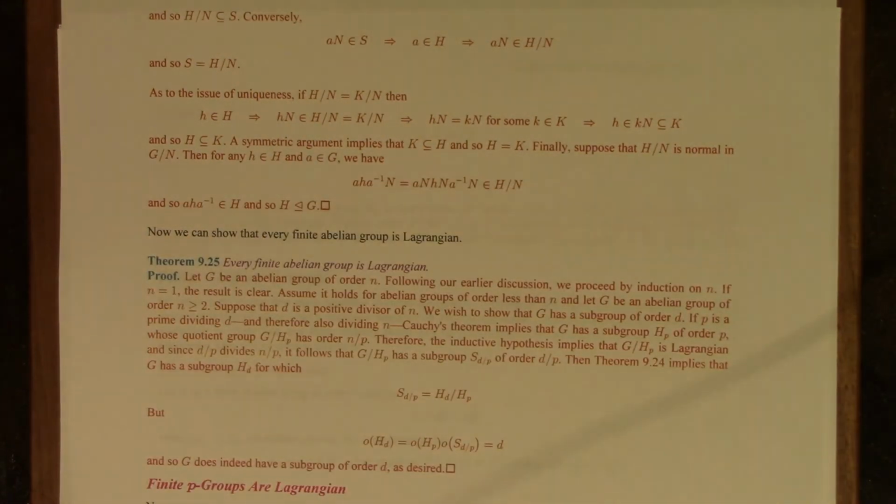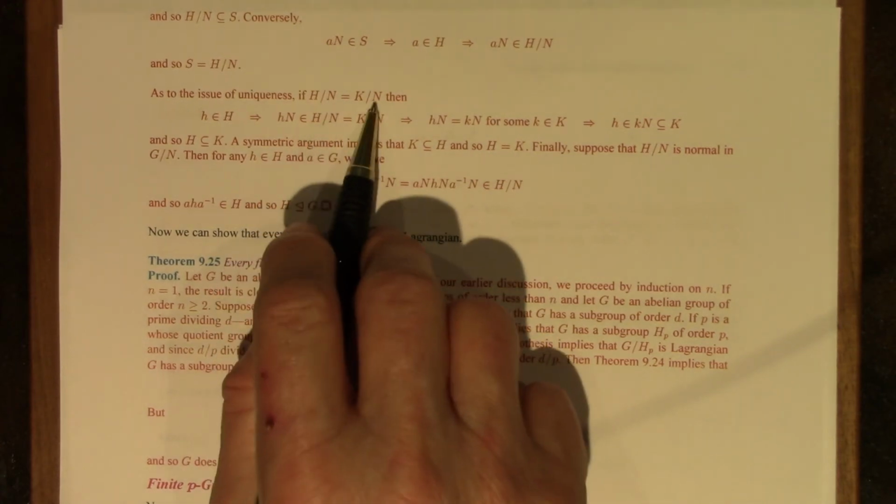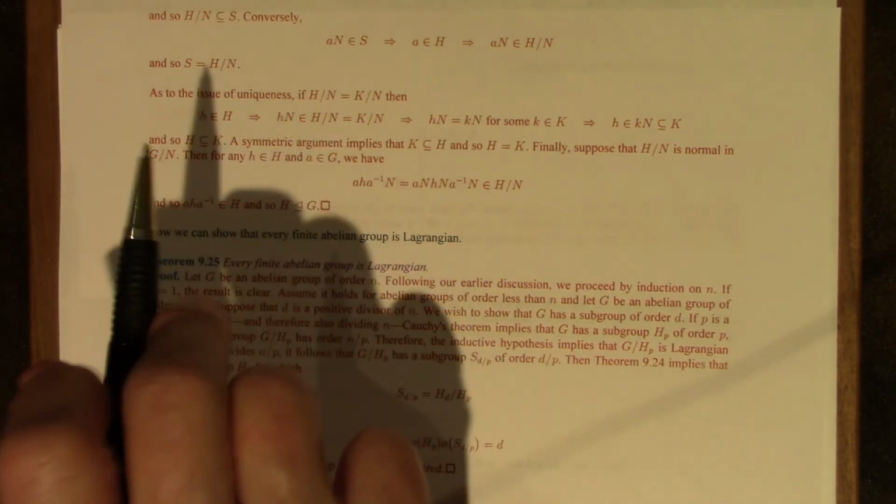As to the matter of uniqueness, if H mod N equals K mod N, then H will be equal to K. And here is the reason.